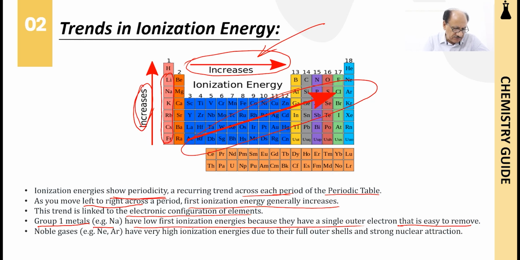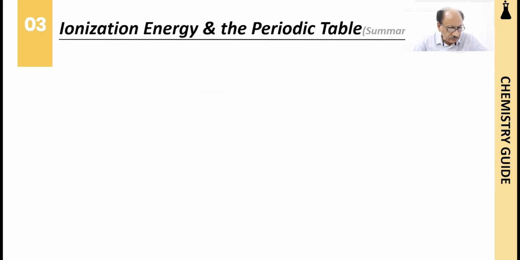Noble gases, this last group, neon, argon, krypton, xenon, have very high ionization energy because their outermost orbits are filled and they are under the influence of the nucleus, and it's very difficult to remove electrons.